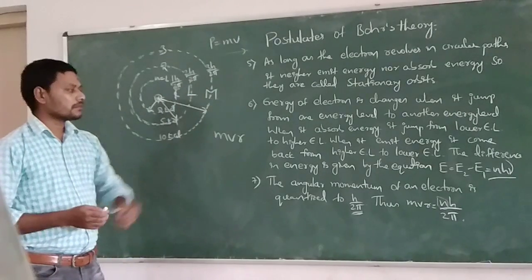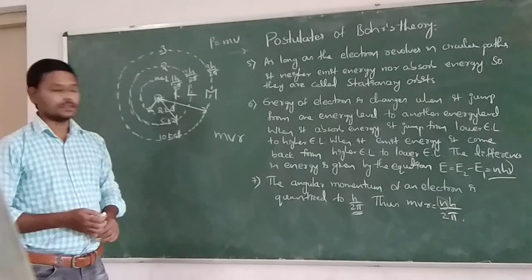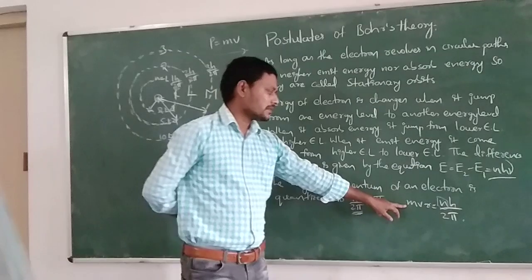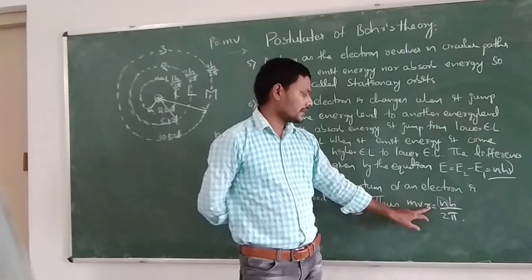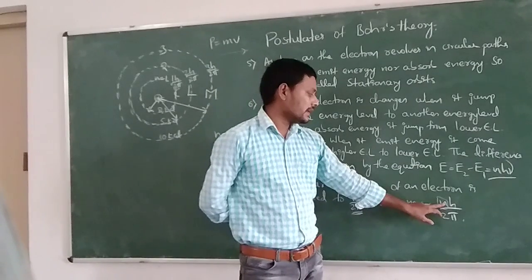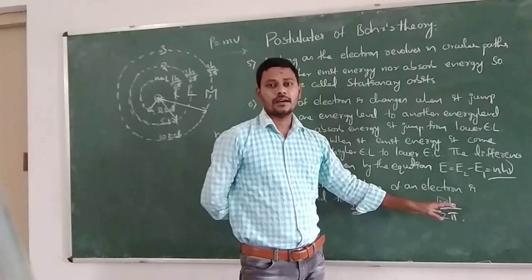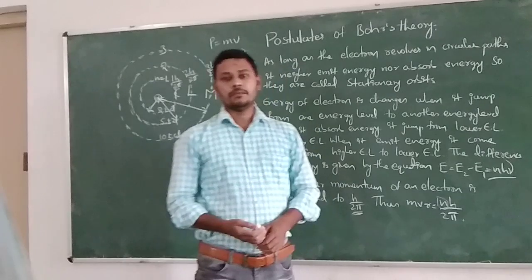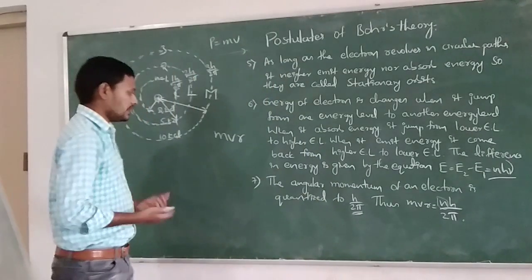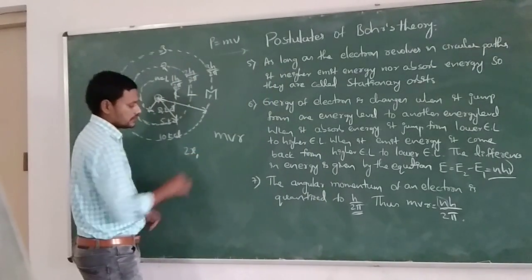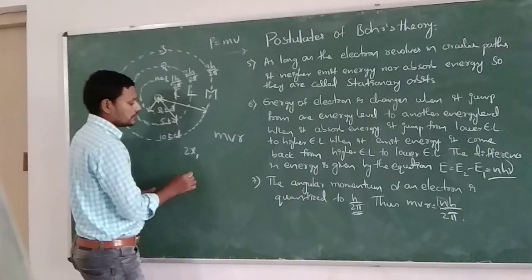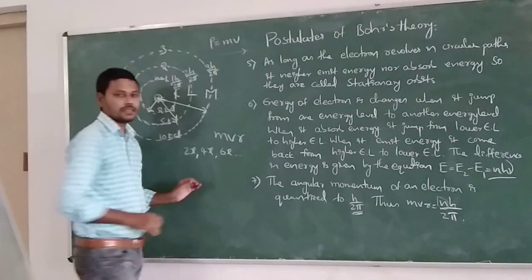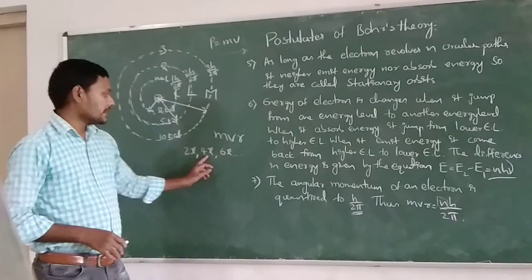That's why the angular momentum of an electron is quantized, and the value is mvr equals nh by 2π, where m is the mass of the electron, v is the velocity of the electron, r is the radius of the orbit, n is the principal quantum number, h is the Planck constant, 2 is a constant, and the value of π is 22/7. For example, if a physical quantity has discrete values like 2x, 4x, 6x, then we say that the property is quantized.